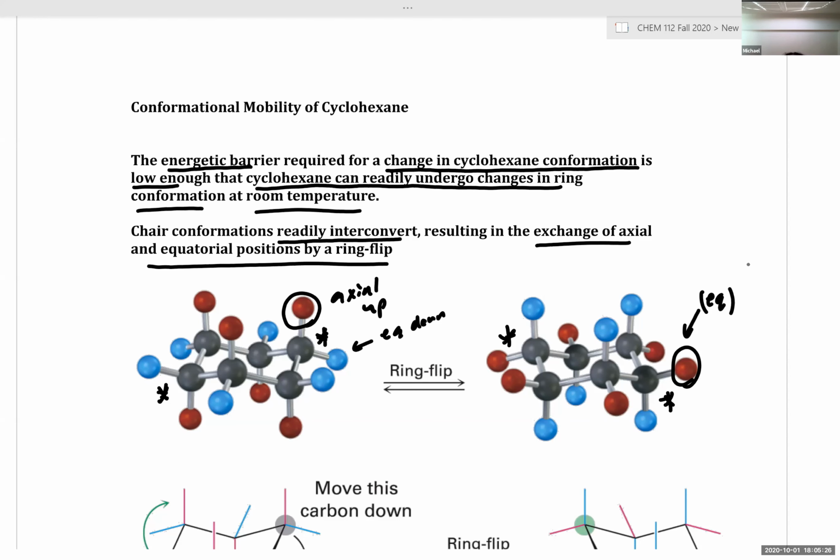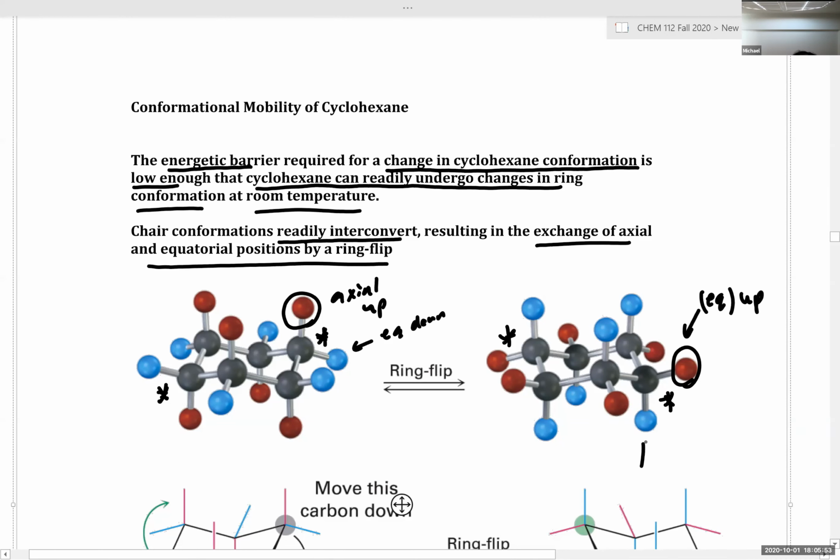So it's equatorial, but it's still pointing up. And this is really important, because even though the relative position in the ring has changed, it went from axial to equatorial, the stereochemistry, whether it's on the top or bottom face, has not changed. It's equatorial pointing up.